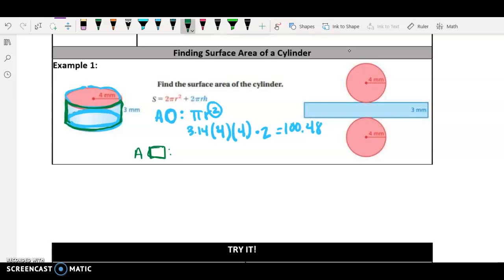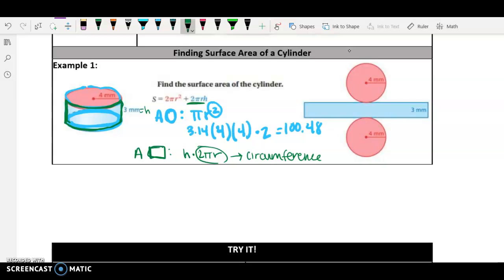We do things a little bit different because our height is 3. So we're going to do height times 2 pi r, and that's because 2 pi r is the circumference. Remember, that's the distance around the circle.